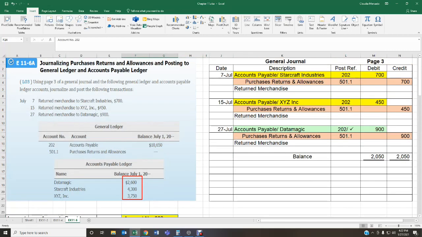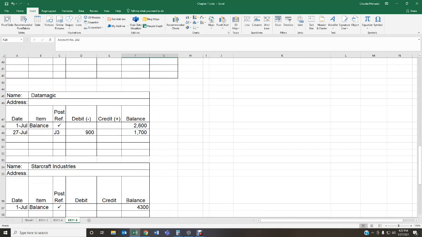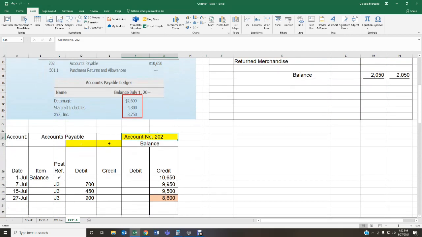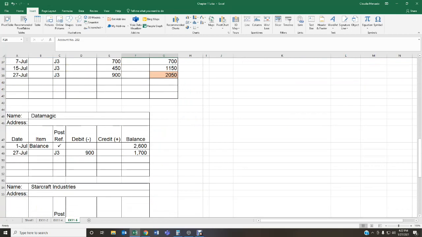And then you put a check mark once you've posted it to the accounts payable ledger for the respective company. Once you post it into the accounts payable ledger for the company, you mark it off with a check mark, and you'll see that I've posted it to ledger 202 as well as to the subsidiary ledger. So that's the first one.